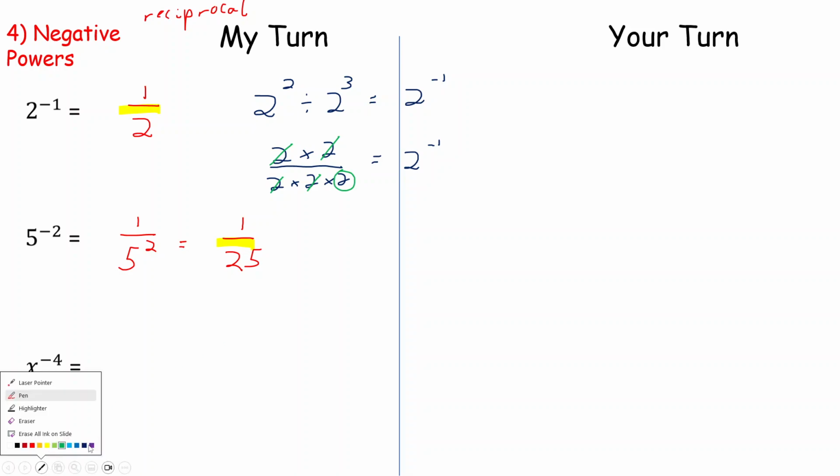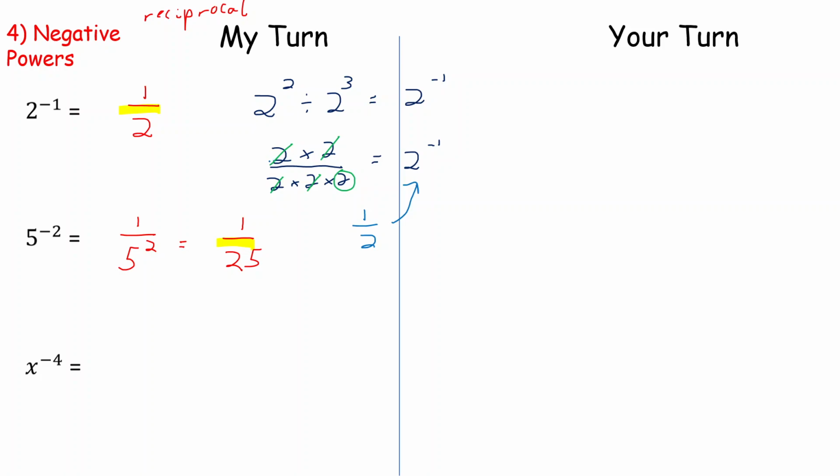They cancel to make 1, because effectively you're doing 2 times 2, which is 4, over 2 times 2, which is 4. 4 divided by 4 is equal to 1. So you've got 1 over 2, which is equal to 2 to the minus 1. And that is where this 1 over 2 comes from.